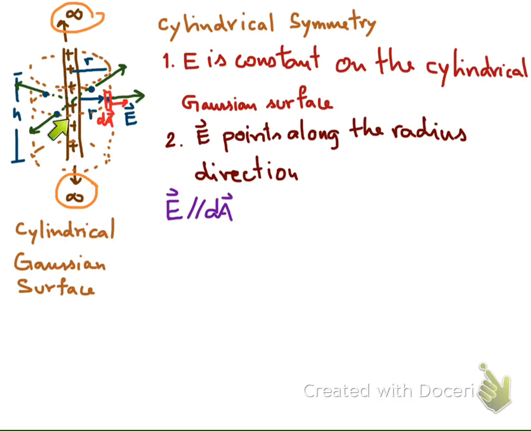around it. But on the top and the bottom, you can see that if we look at the electric field on the top of the cylindrical surface, E points outward in the radial direction.